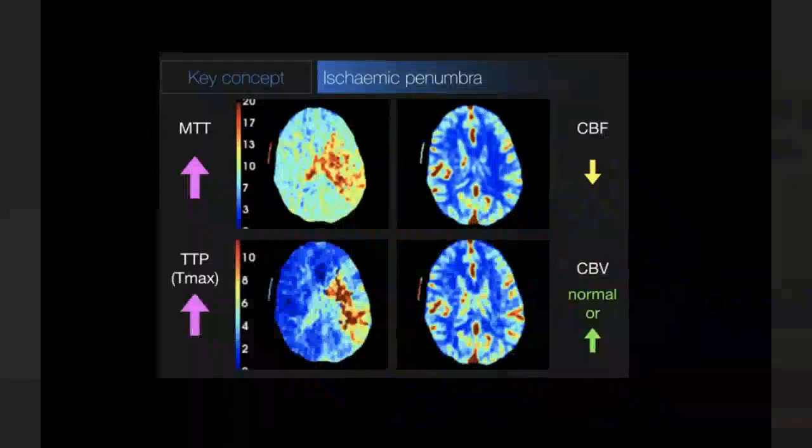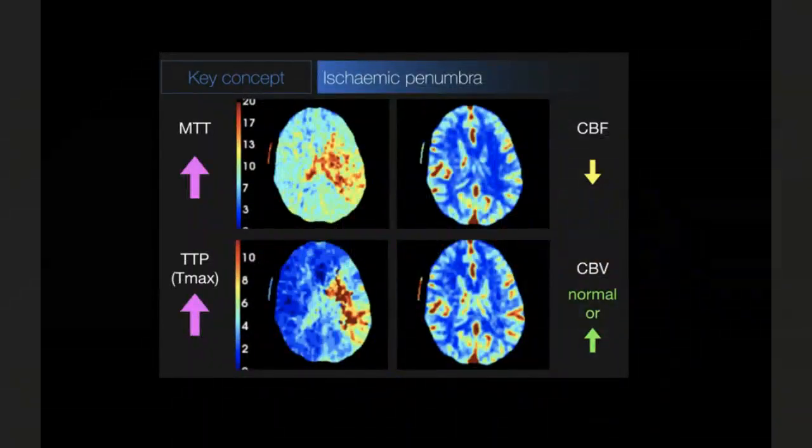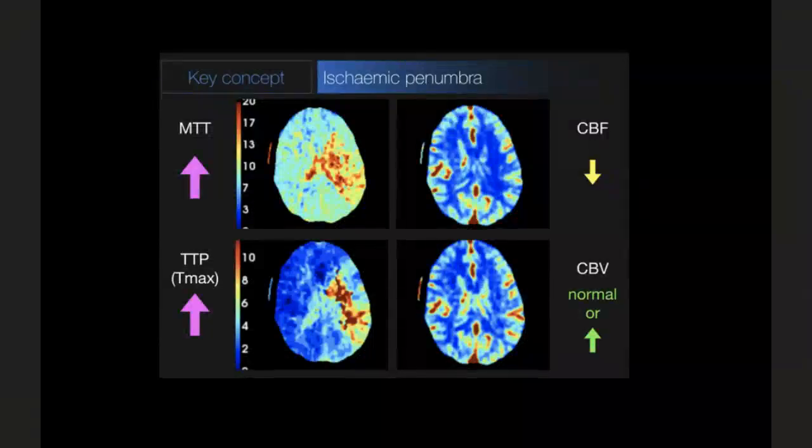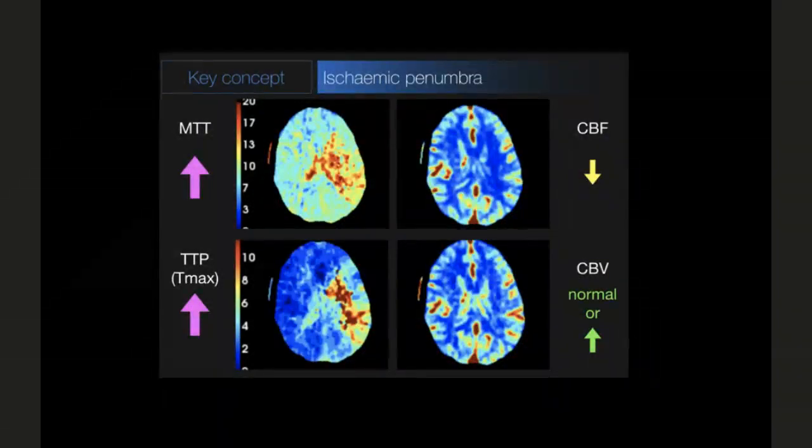But in a penumbra, when you look at the mean transit time, there are areas where the mean transit time is increased. Whereas when you look at the corresponding area on the blood flow, compare it to the other side. That's the only way to tell, because all these subtle things are hard to perceive. Where you see mixed flow on the right side here, it's pretty much blue, so blood flow has decreased.